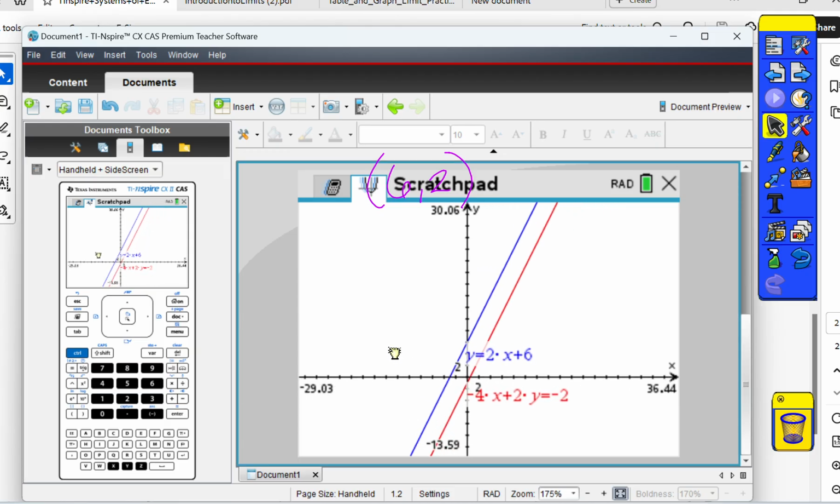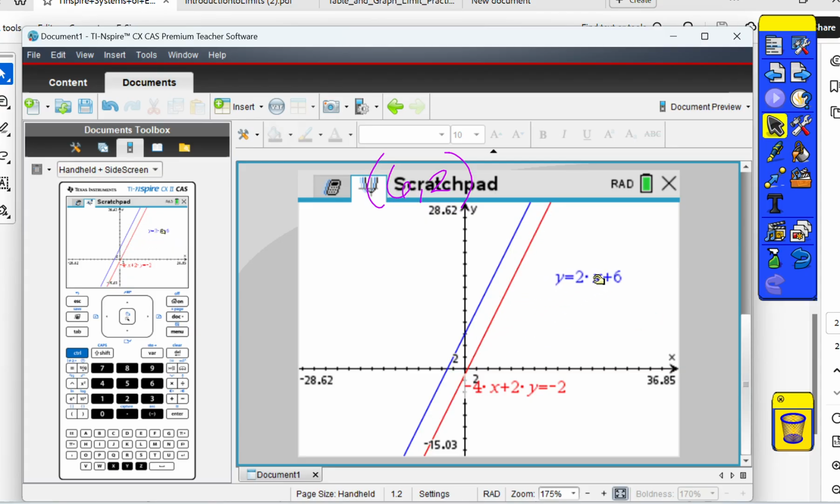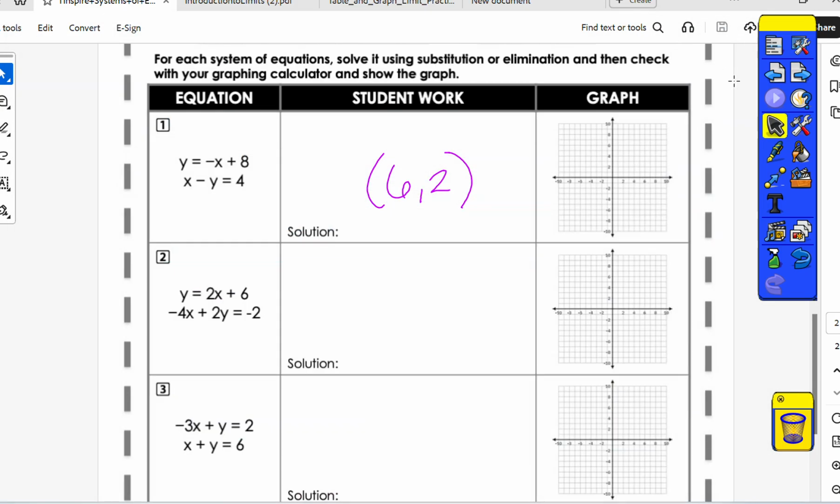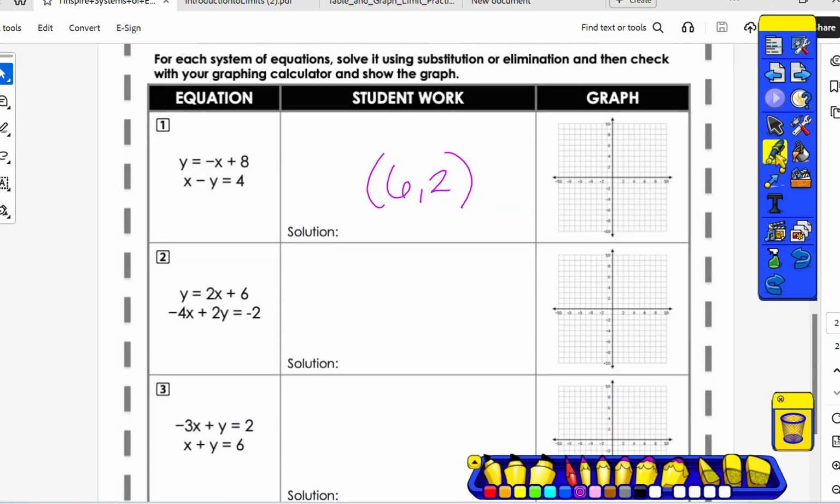I'm going to zoom out. You don't have to zoom out. I just want to zoom out to show you. What's the solution point? Nothing. What do we write when they don't cross? No, they're functional. No solution.